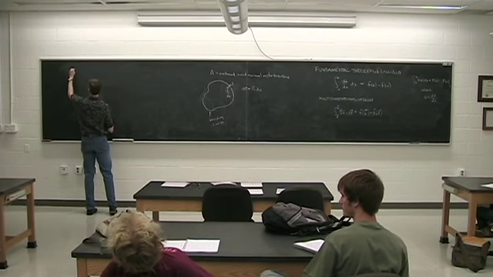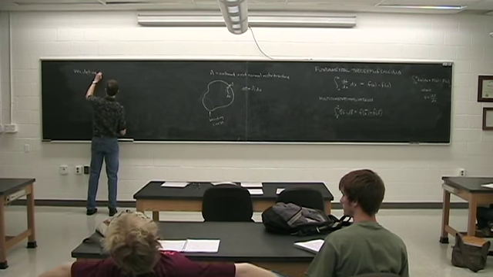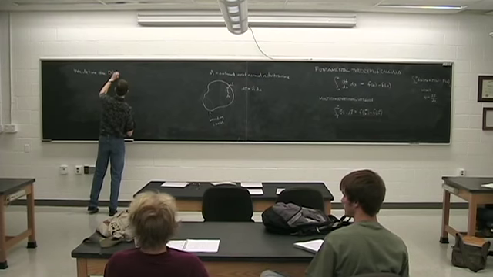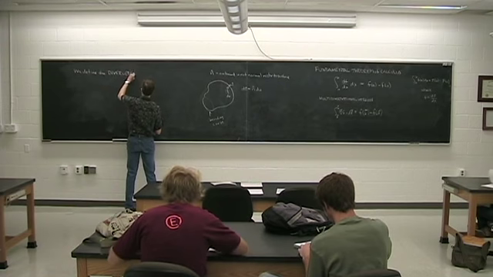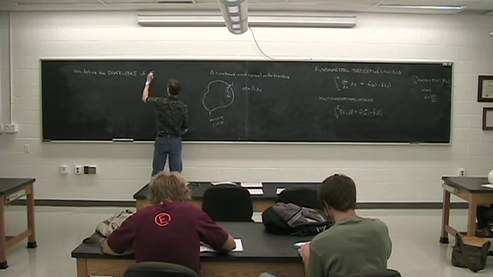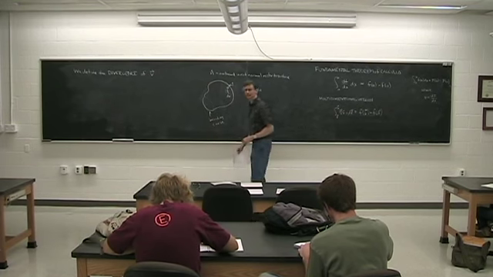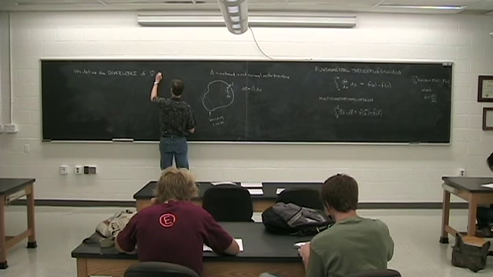So we're going to define the divergence of a vector field V. V, again, is my generic name for a vector field at a given point.